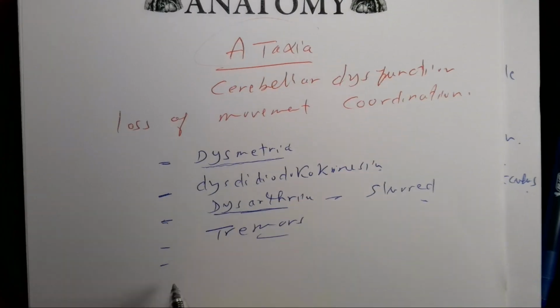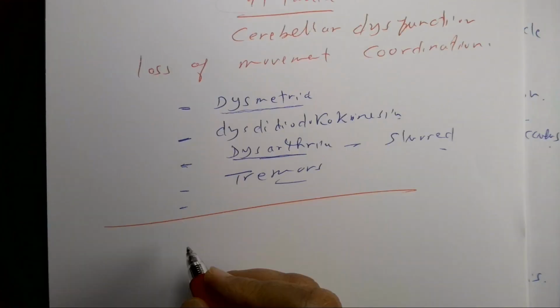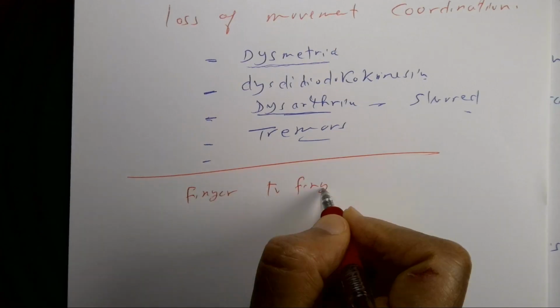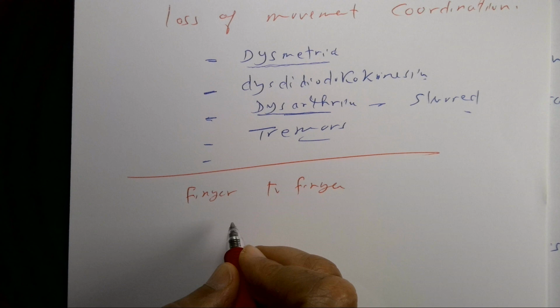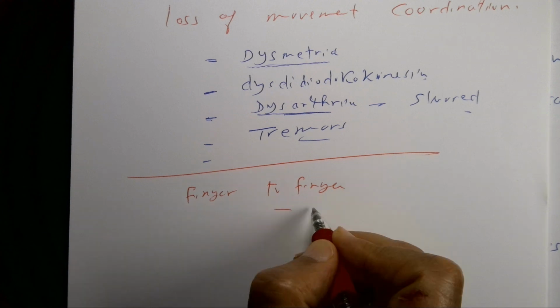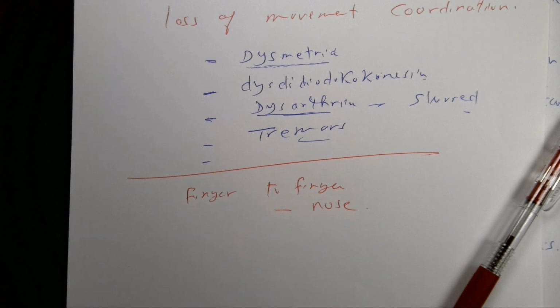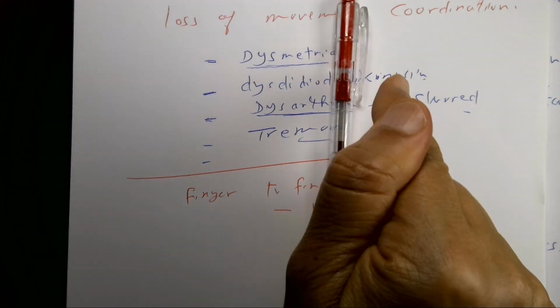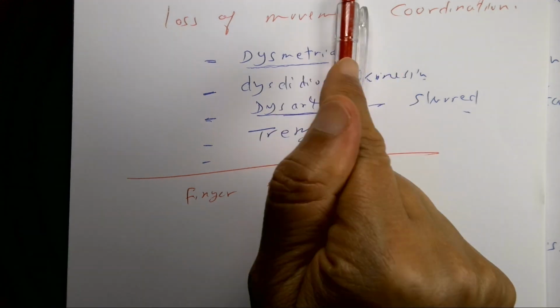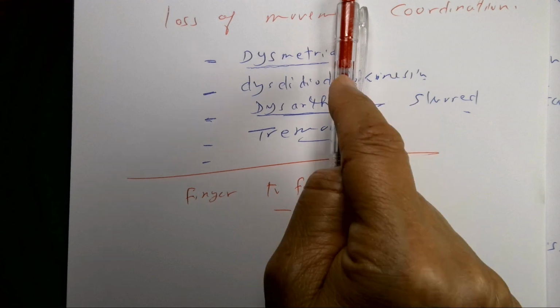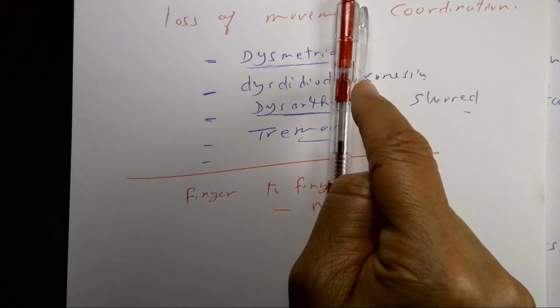There are different clinical tests, like the finger to finger or finger to nose test. If you ask your patient to touch two fingers or touch the tip of the nose with one finger, they are going to fail, because the finger starts to shake around the target point. This is the tremors and also the dysmetria at the same time.